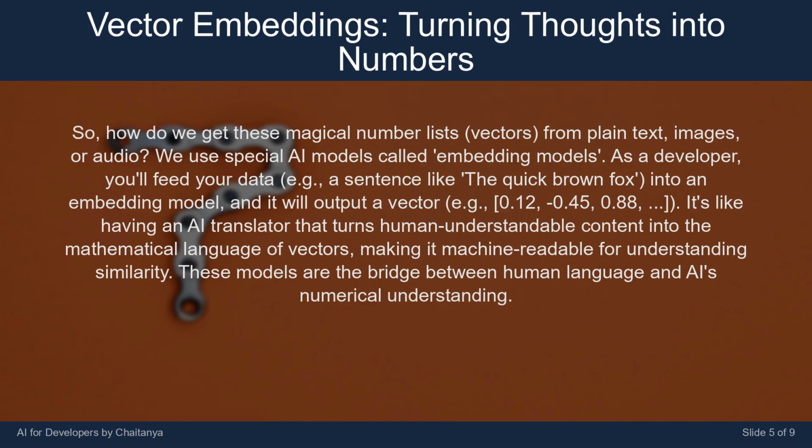It's like having an AI translator that turns human understandable content into the mathematical language of vectors, making it machine readable for understanding similarity. These models are the bridge between human language and AI's numerical understanding.